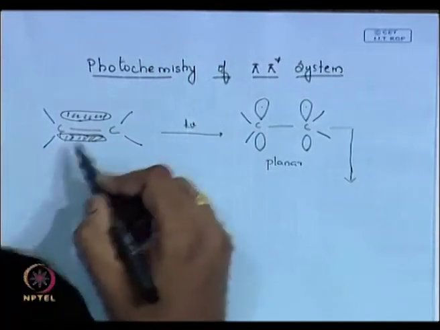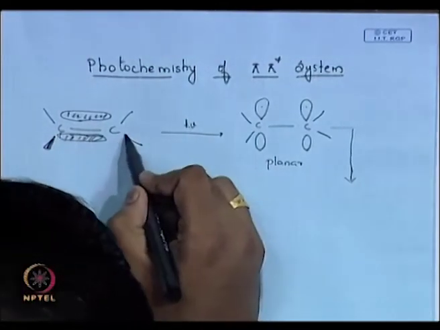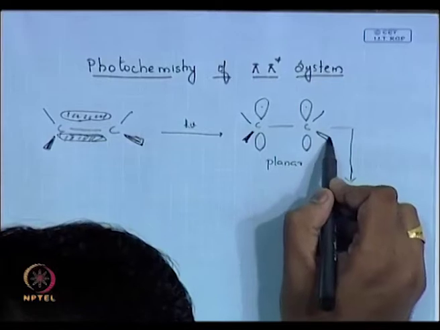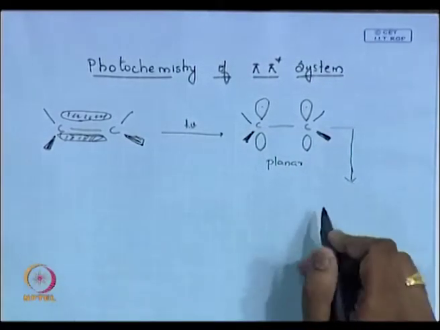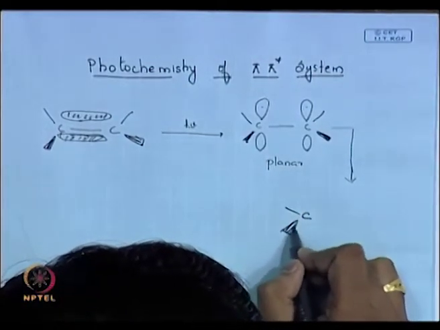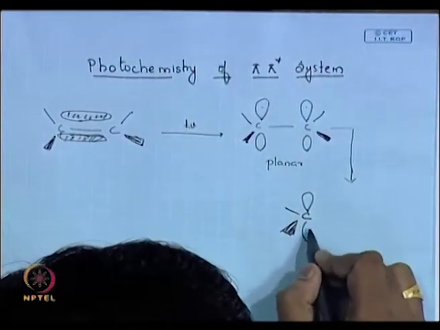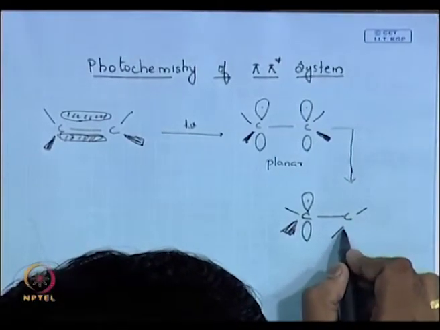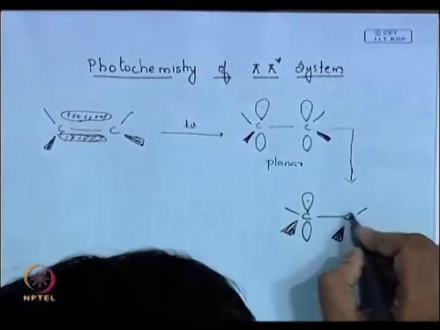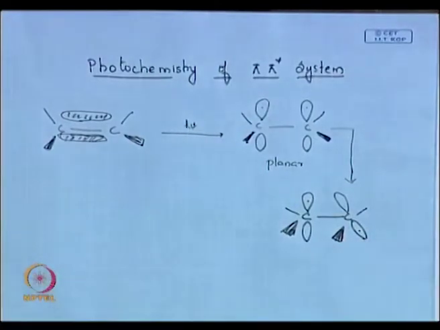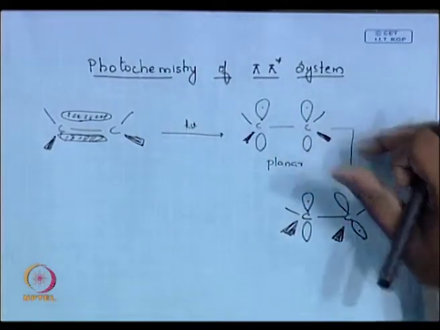For example, if I make this part a little bit, it gets a nice 90 degree twist in the excited state.